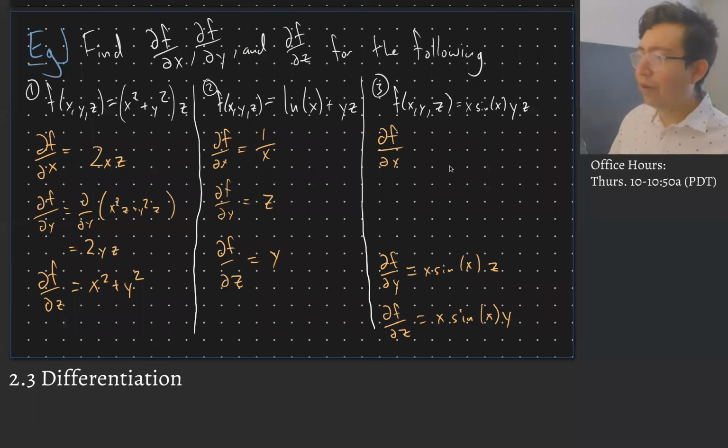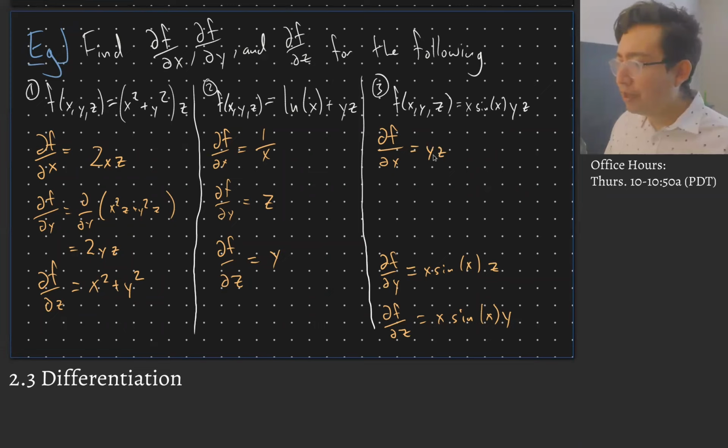So now with respect to x, things get a little trickier. So what I'm going to do here is say, okay, well, the y and z are unchanged as x changes. So I could treat them as constants and I can move them outside of my derivative. So this is y times z times the partial with respect to x of x sine of x.